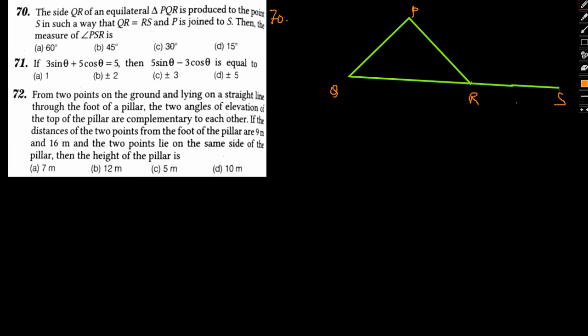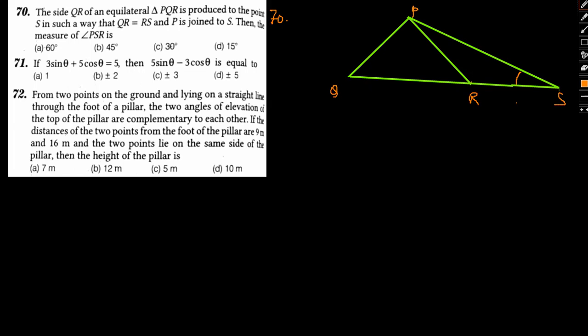PS is joined. So we join PS, from here to here, we join this. Then the measure of angle PSR. So PSR, we need to find the measure of this particular angle.